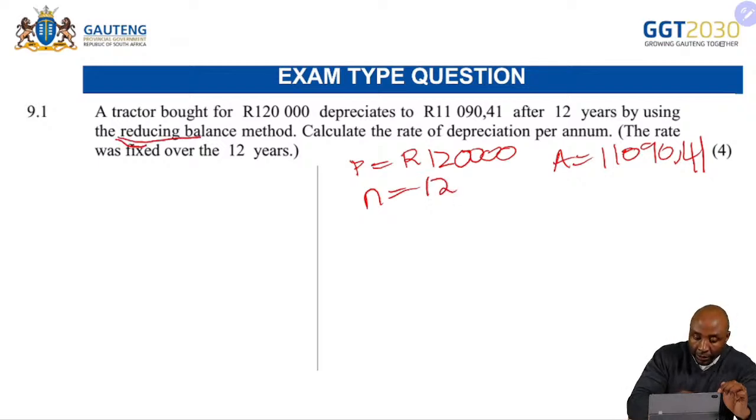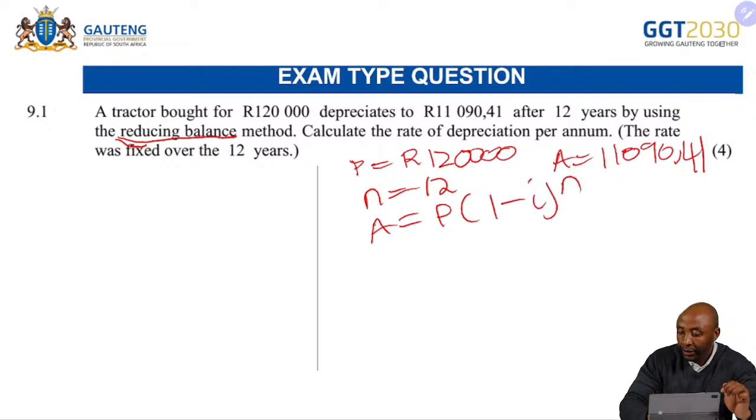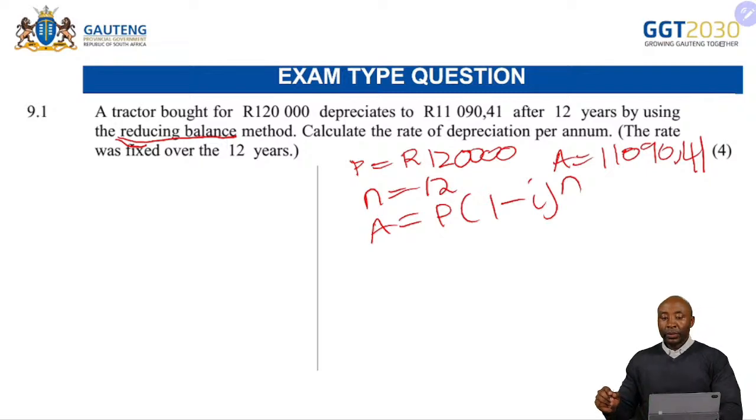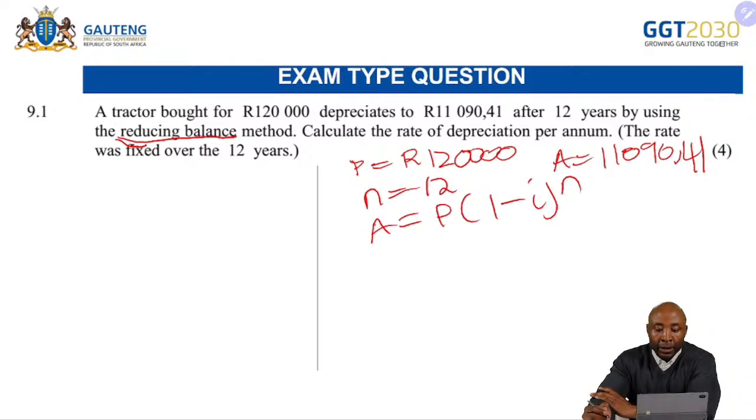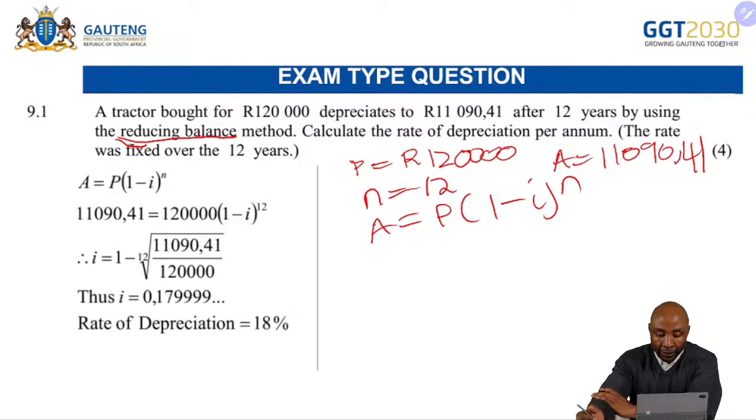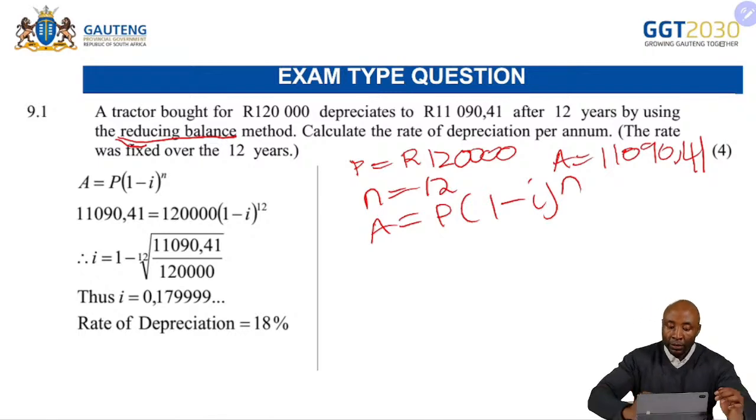You see, reducing balance method. So it means our A is equal to P(1 minus i) to the power n. And then we should be able to get our i. Let's quickly show you the solution. So we are going to substitute into the correct formula.